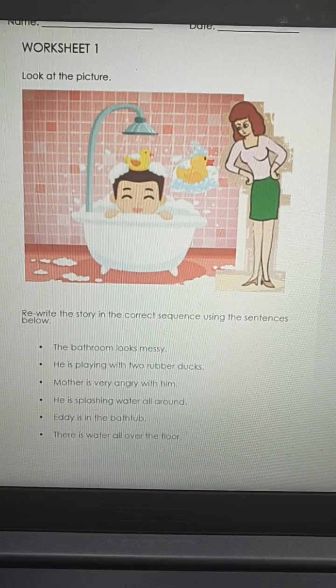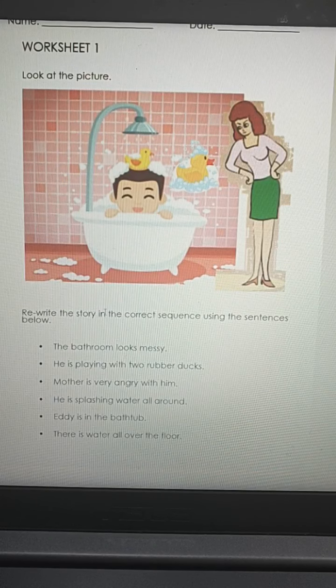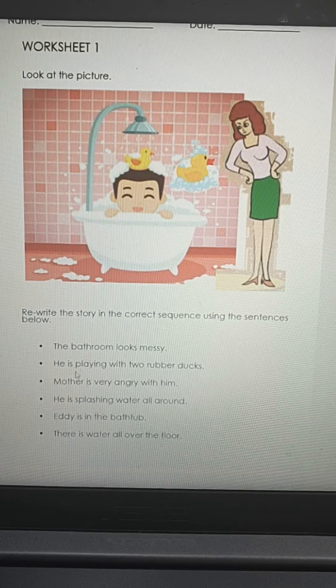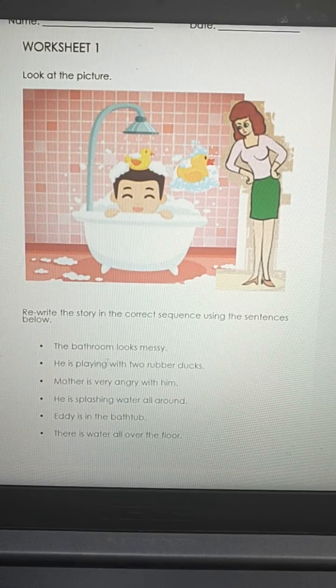Okay, let us read the instructions. Look at the picture. Rewrite the story in the correct sequence using the sentences below. So we have to read all the sentences first. Let us read together. The bathroom looks messy. He is playing with 2 rubber ducks.